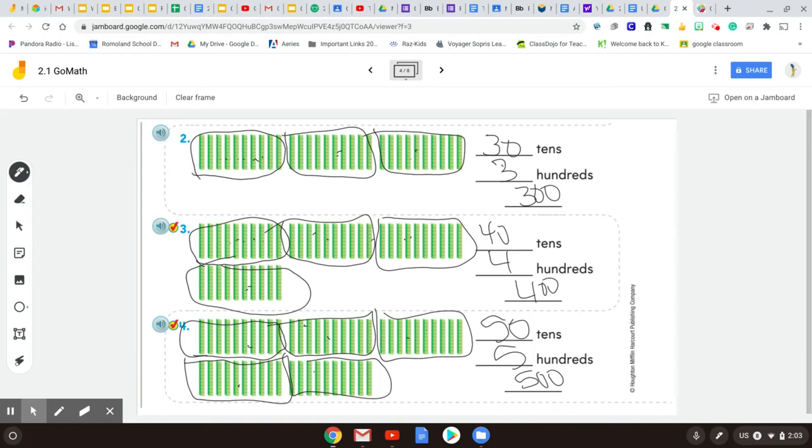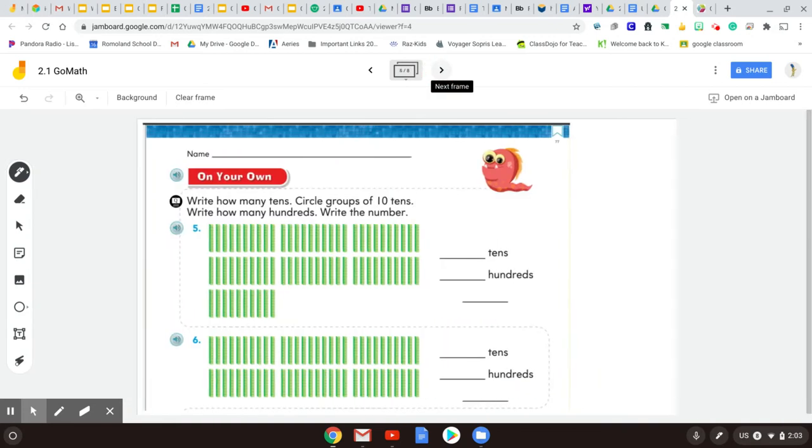Okay, we're going to go ahead and turn the page to page 59 on your own. Again, write how many tens, circle the group of tens, write how many hundreds, and write the number. So again, they've already made these in groups of tens for you, so you just have to go through and circle them. Okay. I hope you're writing neater than I am.